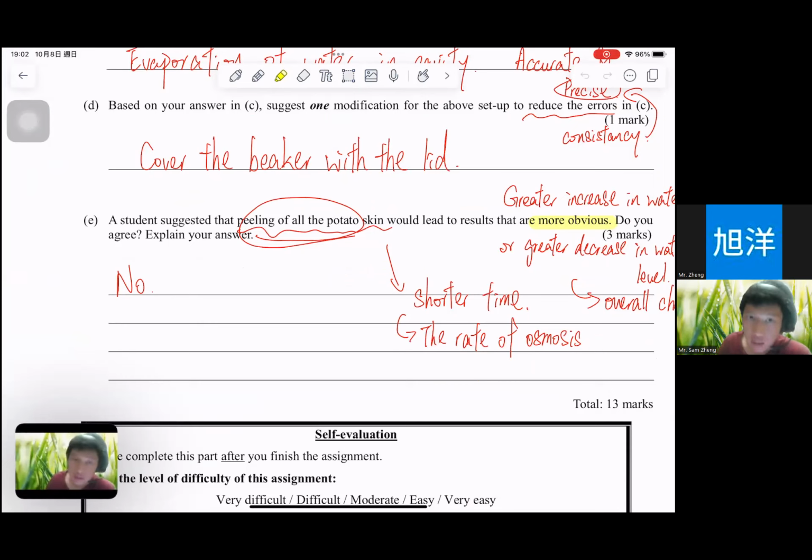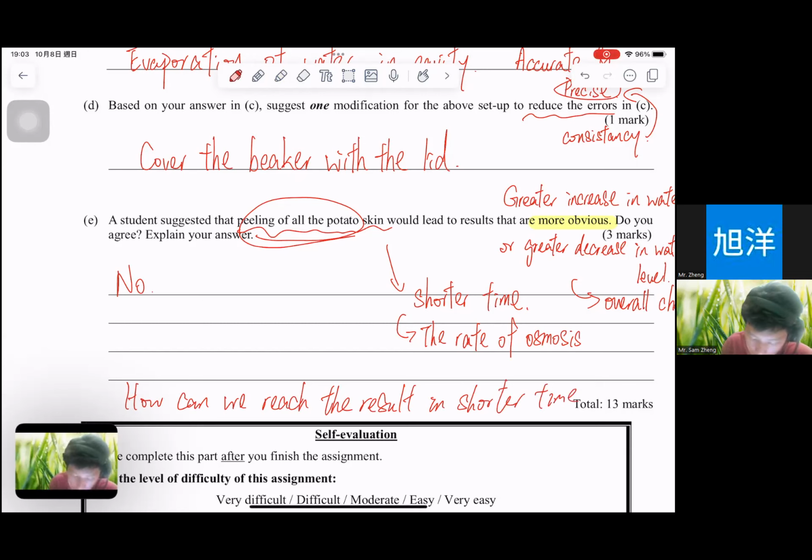But in fact, I would like to ask you in a reverse way, because sometimes the questions could be the answer for the next year's DSE. For example, if next time we ask you how we can reach the result in a shorter time, maybe we need to modify the setup.